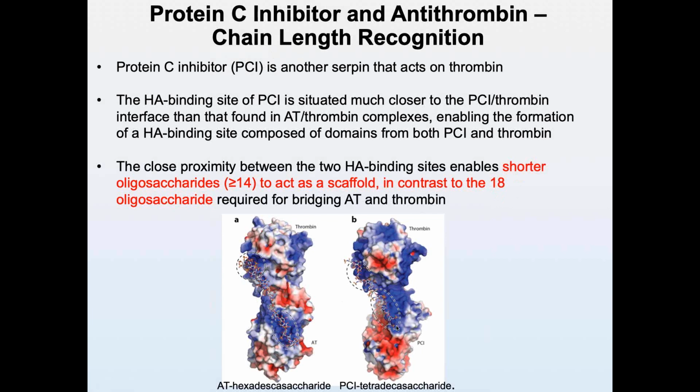Both of these complexes, okay, are formed by what? Heparin. So here, only about 14 or less, about 14 oligosaccharide of the heparin are required to do what? Form the complex. In this case, here only 18. With the thrombin and the PCI requires 14. And the reason is the binding site of these two are very close, while the binding sites of these two are very far apart.